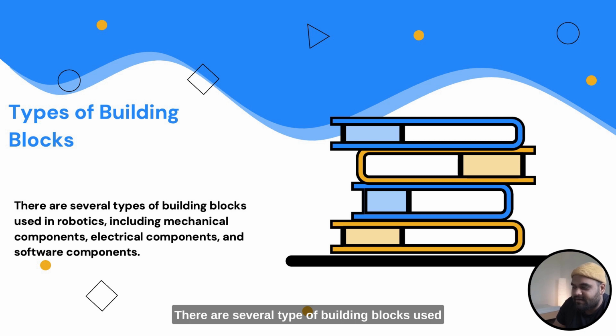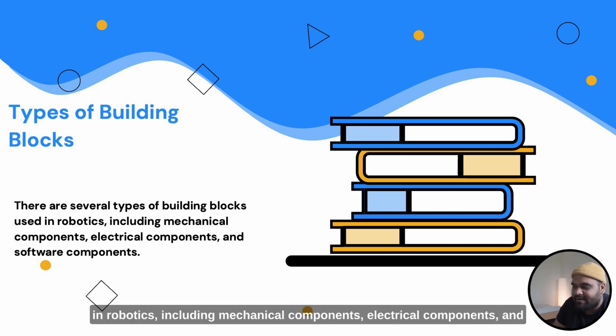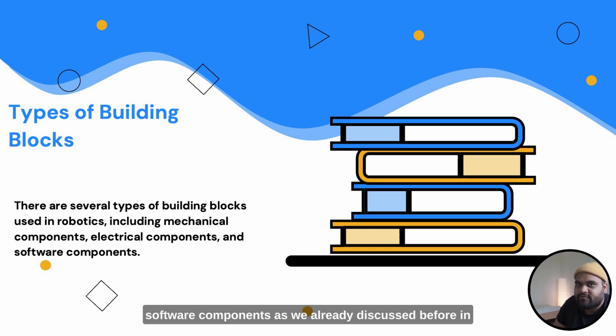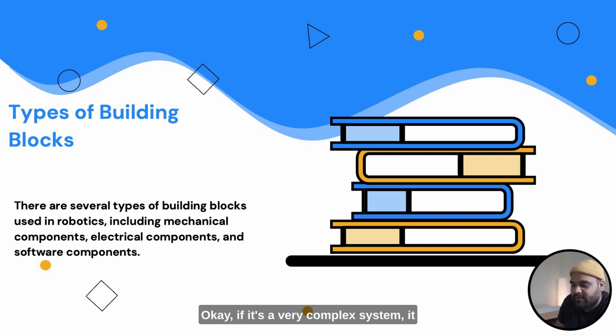There are several types of building blocks used in robotics, including mechanical components, electrical components, and software components. As we already discussed in a couple of chapters, a robotic system essentially consists of a lot of components, and these can be very huge or very small depending on what exactly you are building. If it's a very complex system, it can have multiple sensors and multiple controllers. Let's take an example of an airplane.